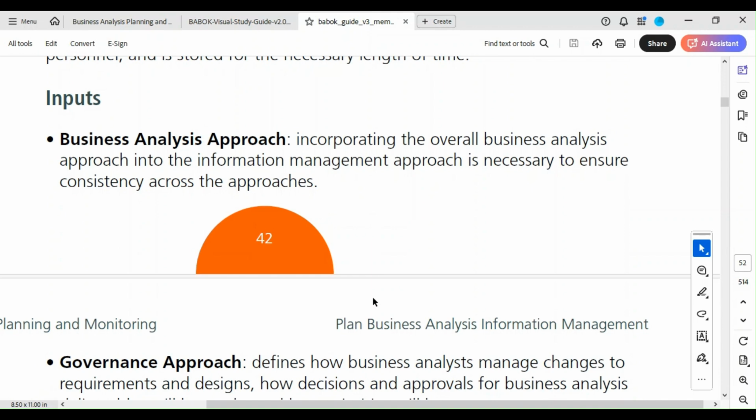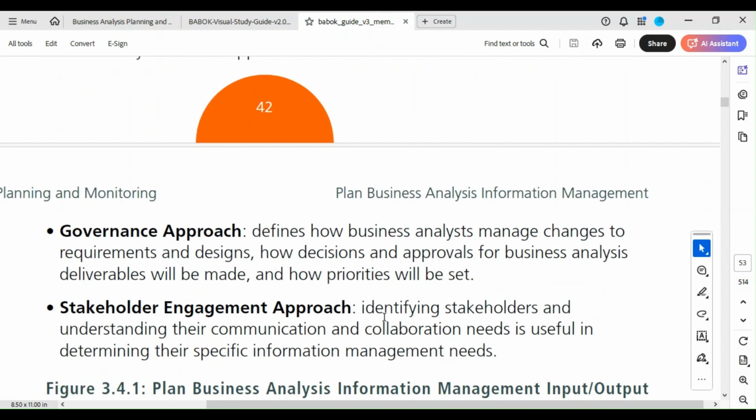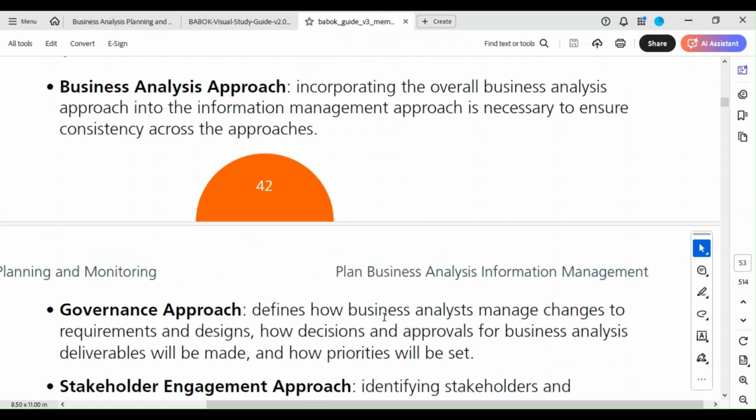So incorporating the overall business analysis approach into the information management approach is necessary to ensure consistency across the approaches. If you know your approach, it will help you with being consistent. For example, let's use Scrum, the Agile system, as your business analysis approach.